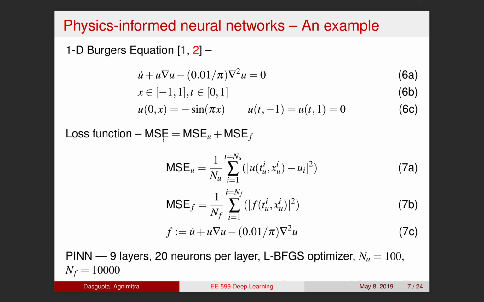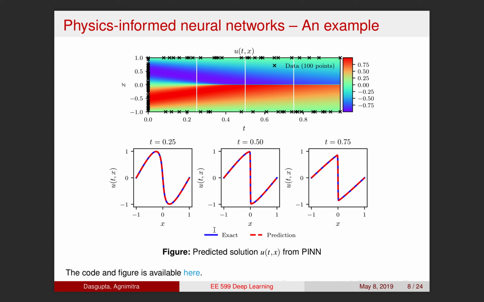Together, the loss function is a simple mean squared error loss function, but it's augmented. So it's slightly different. It's informed by the physics. And these quantities, u dot and grad u, are computed using automatic differentiation, which is very common in the domain of neural networks. And this is a result represented from the paper which introduced this problem.